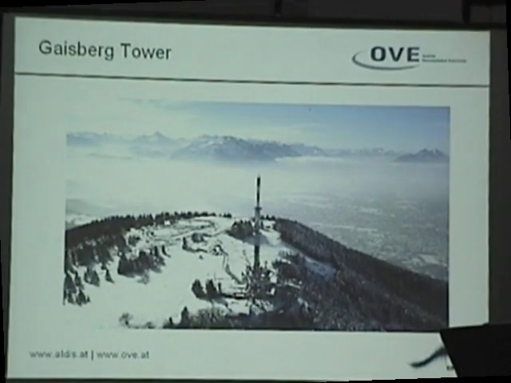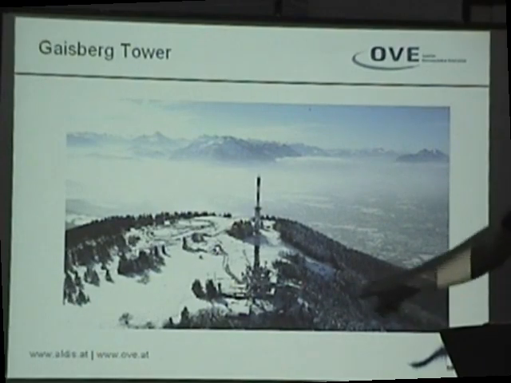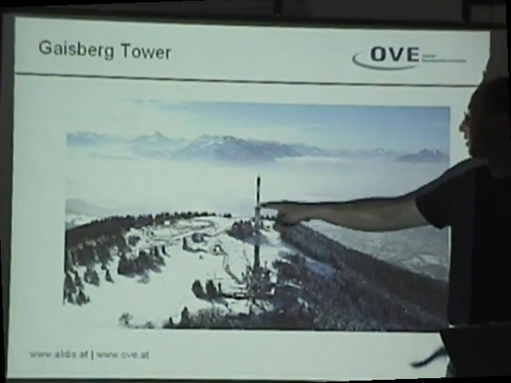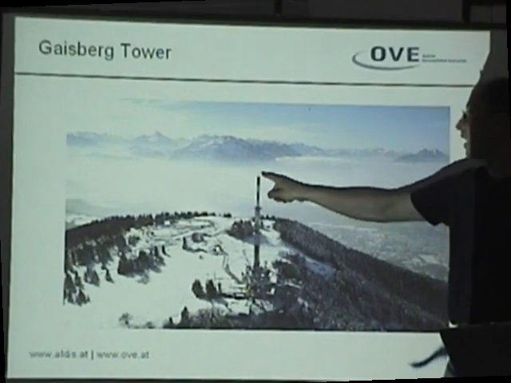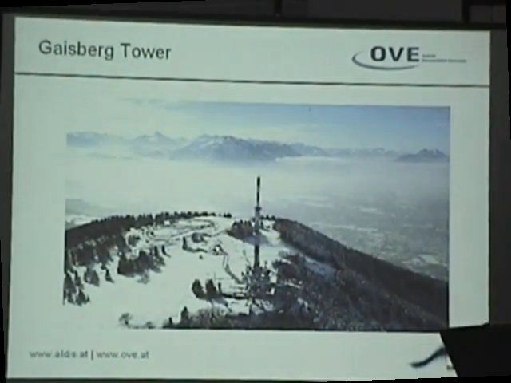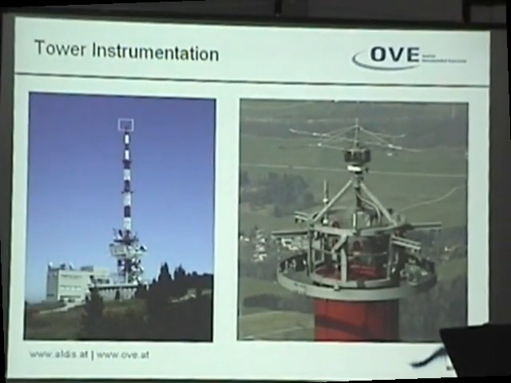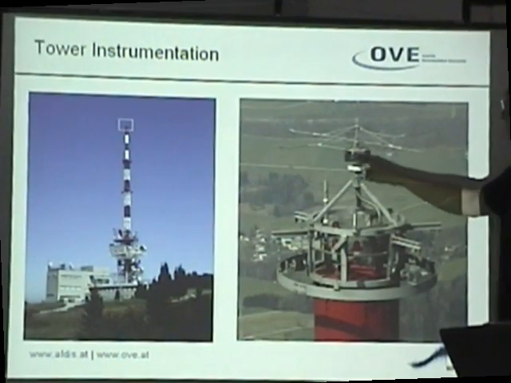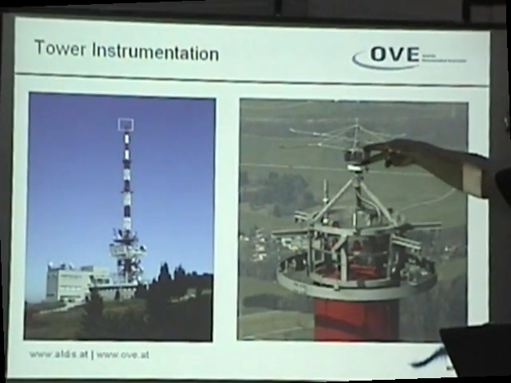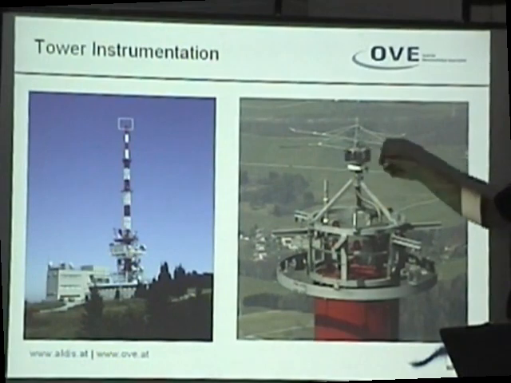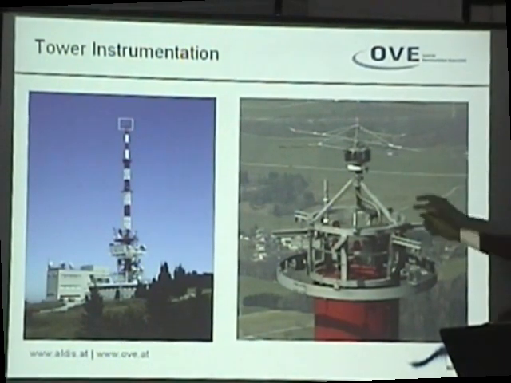This is the Gaisberg Tower, very close to Salzburg, about 80 meters up to here, and this is 220 meters more. And you see here there is a kind of lightning protection system. Here is a close look at the lightning protection system. Some lightning rods. You see here a box. There is the resistor inside.